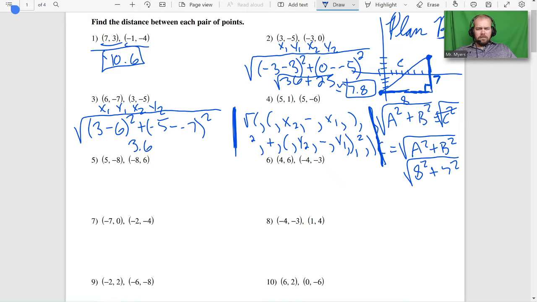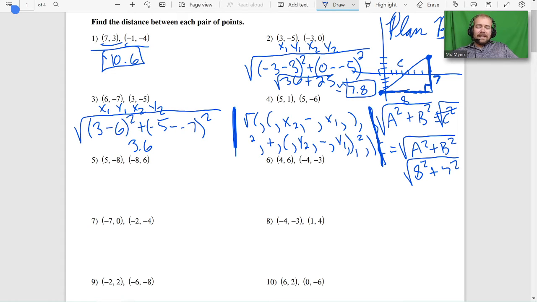I'm just following the steps here. That's all I'm doing. Close parentheses squared plus open parentheses y2, negative 6, minus y1, which is 1, close parentheses squared, close parentheses, enter. Oh, look at that, it's 7.